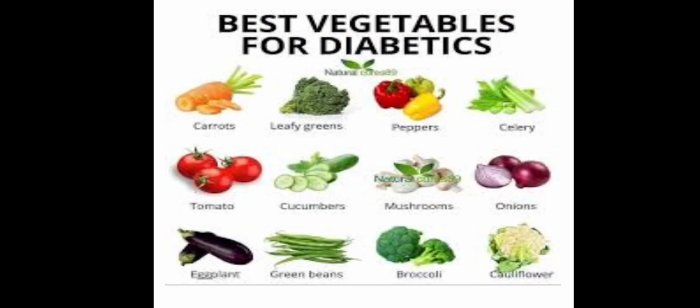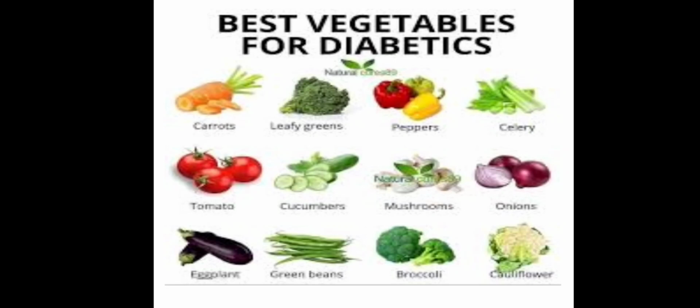Broccoli, spinach, cabbage and peppers, cucumbers, tomatoes and cauliflower, these all are very good for diabetic patients. Filling up with these vegetables is a great way to keep your blood sugar level in check.